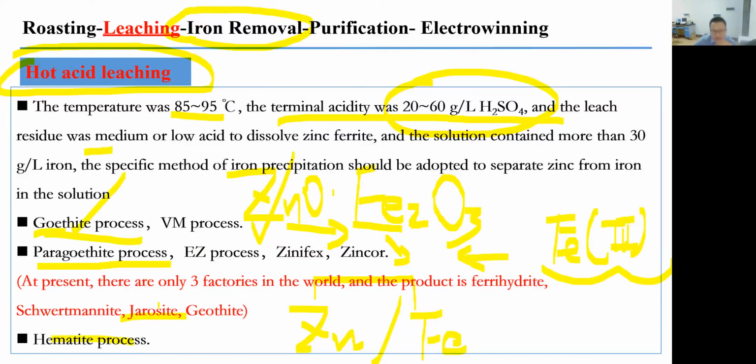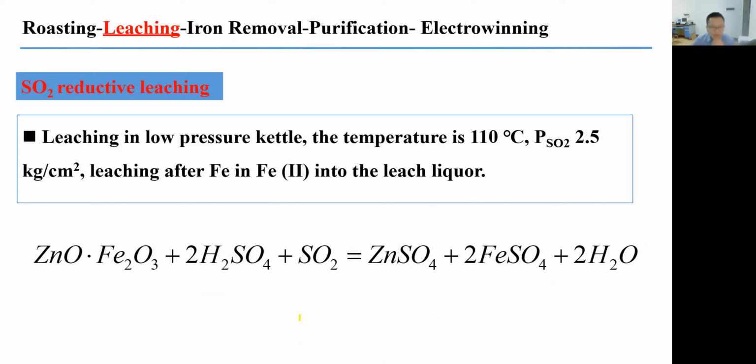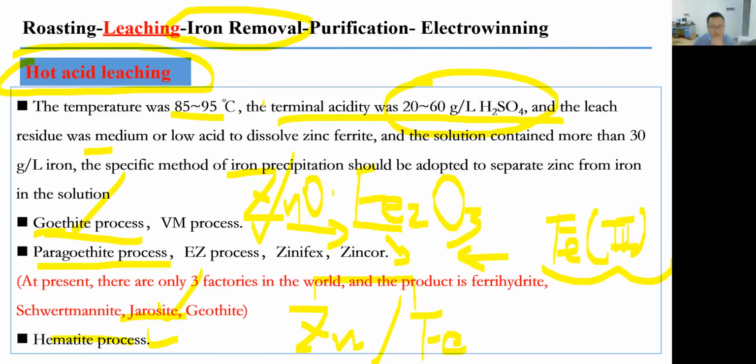So these three minerals contain a certain amount of iron, and they can be used as the precipitant form of iron from the solution. So first of all, let's check the leaching process.